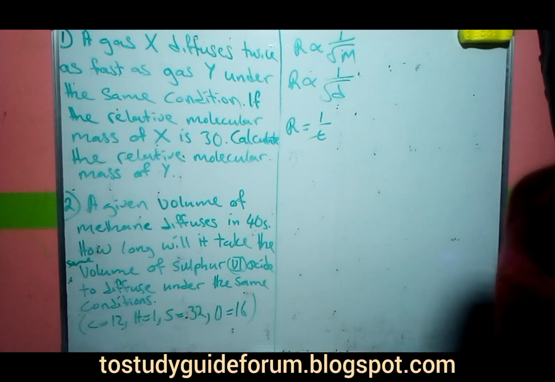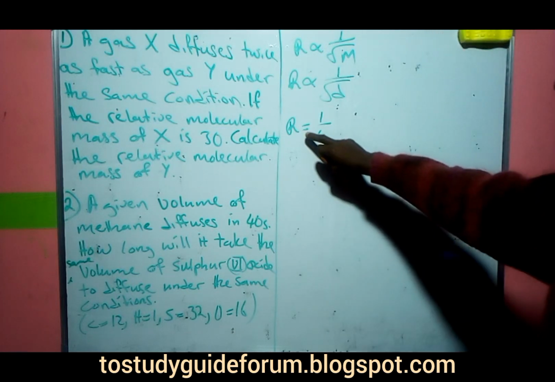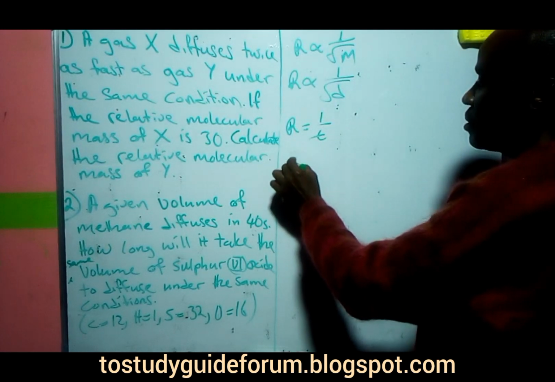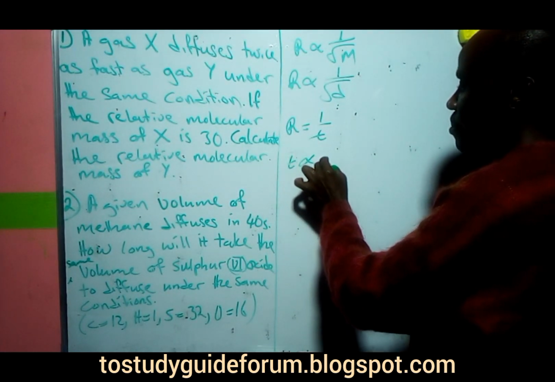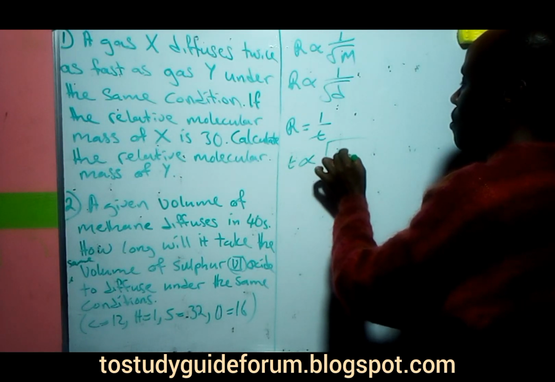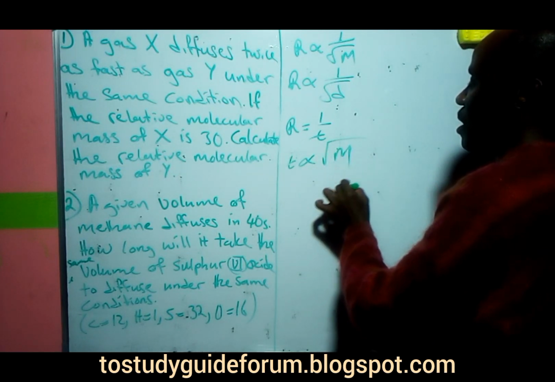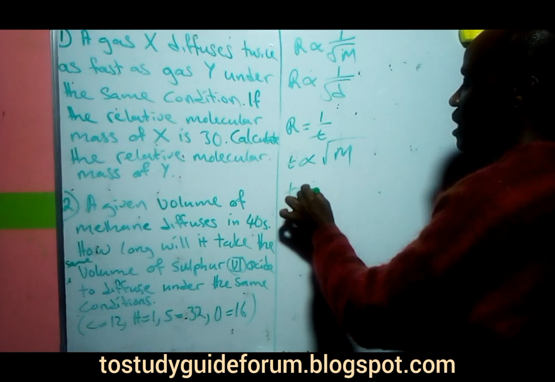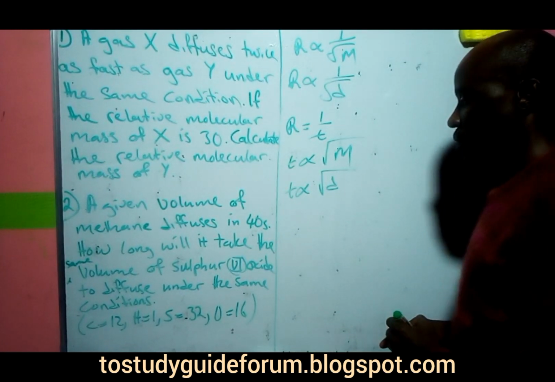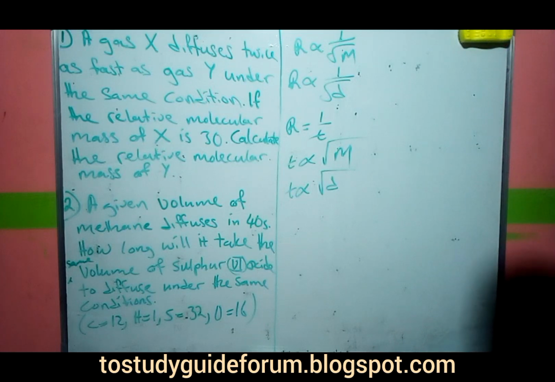So if rate is equal to 1 over time, then we can substitute for rate, and it will mean that time is directly proportional to the square root of relative molecular mass, and time is also directly proportional to the square root of vapor density, where we are comparing gases.